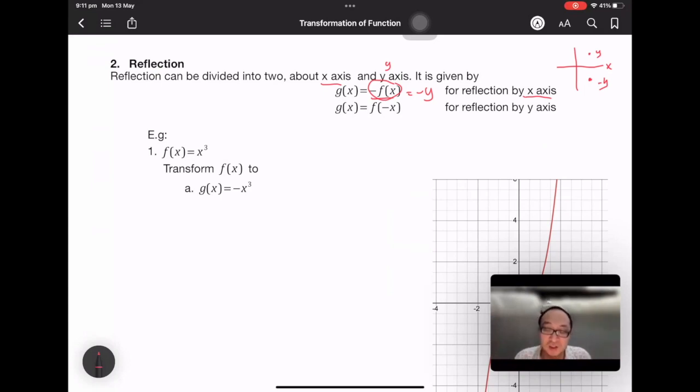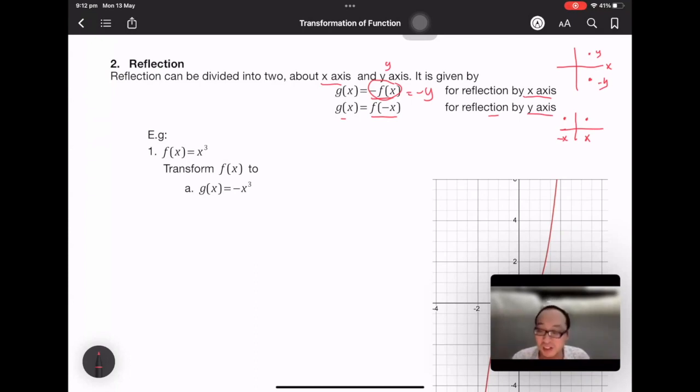And if we have g(x) = f(-x), so the value of g at x, for example positive x, equals the value of f at negative x. That means we reflect the graph, the function, by the y-axis.